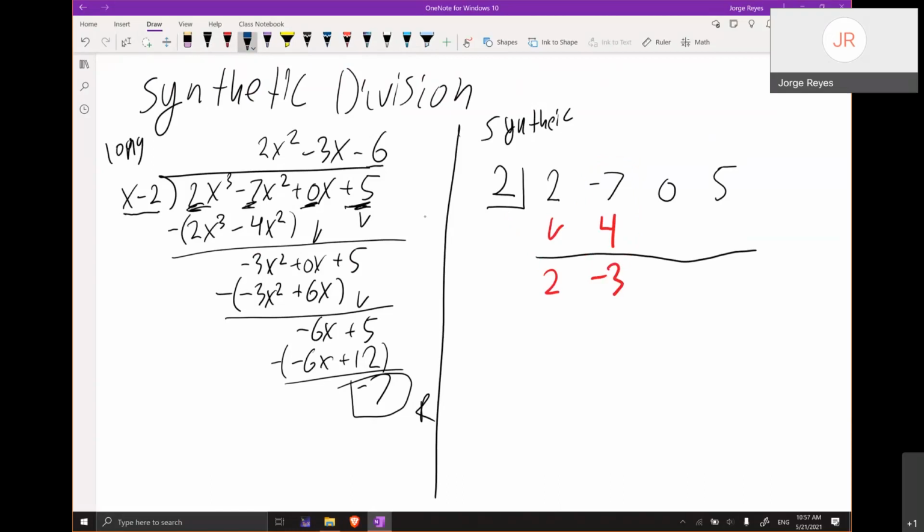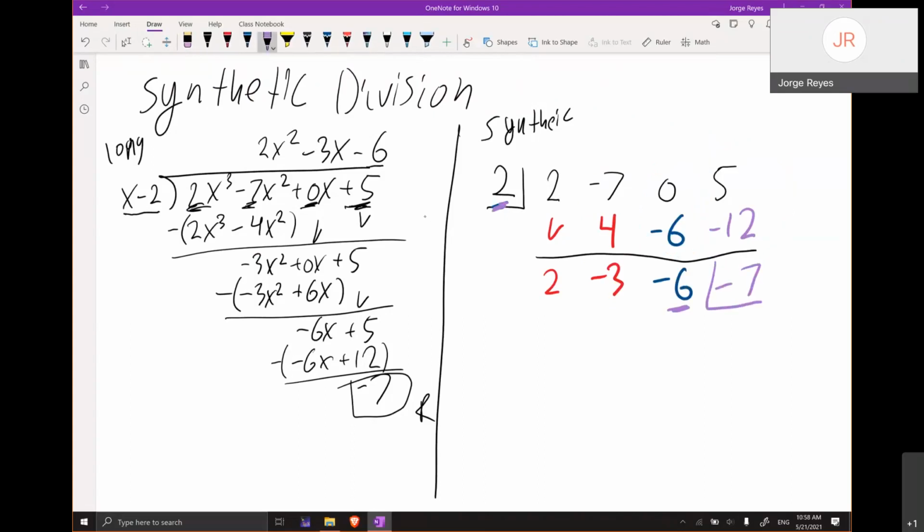Then you're going to do 2 times -3 and get -6. And then you're going to add them. So you're going to get -6. And then lastly, you're going to do 2 times -6 and get -12. Then you're going to add them, and you're going to get -7.